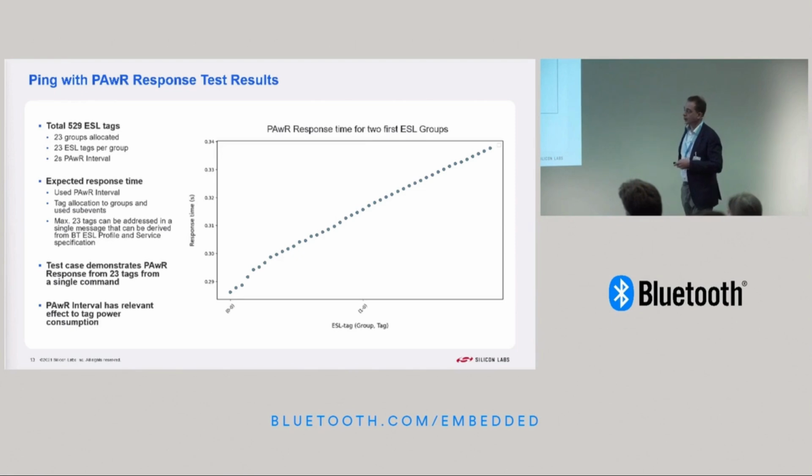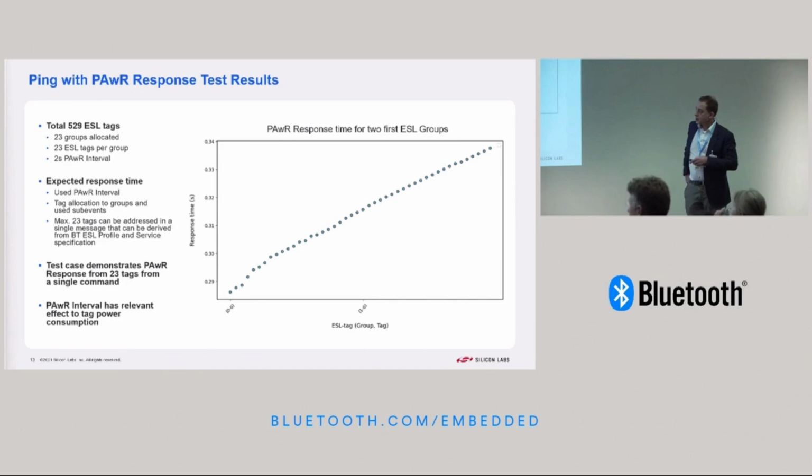If you look at the results, it's a 2 second PAWR interval. It depends completely on the test setup. If this is way more than 2 seconds, the first one, something's wrong. But in this case we got lucky: when we sent the ping command out, a PAWR TX actually happened, and we got the responses back.